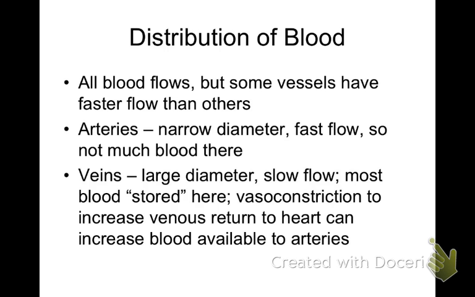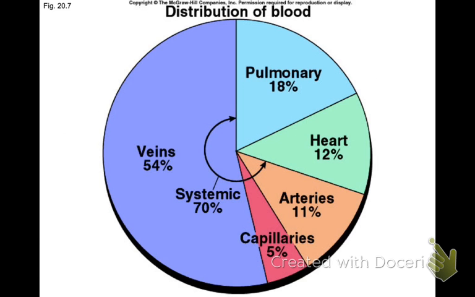There's just more volume within the spaces of veins than there is within the arteries. So if I want to increase the flow of blood back to the heart, all I have to do is constrict my veins, and that's going to increase venous return to the heart, which is going to allow the blood to flow more quickly to the arteries and increase cardiac output.